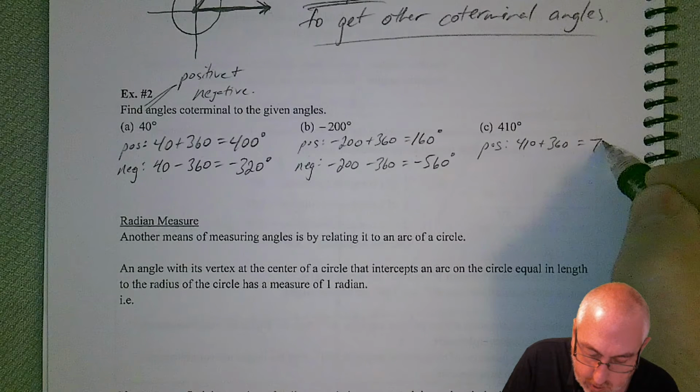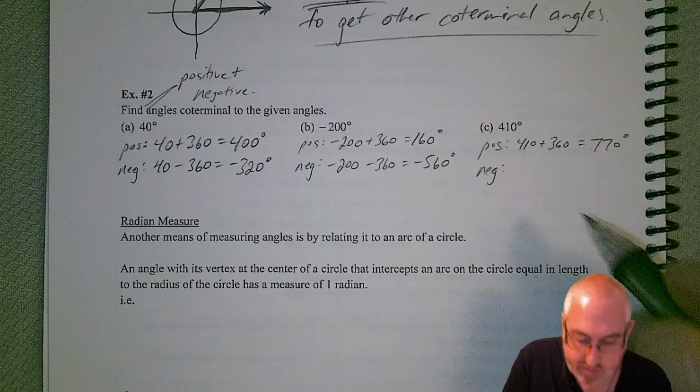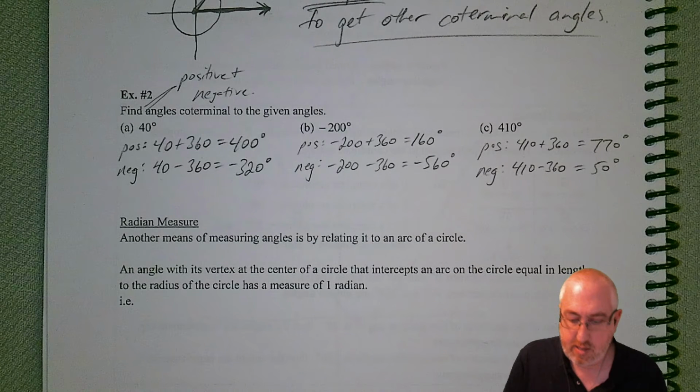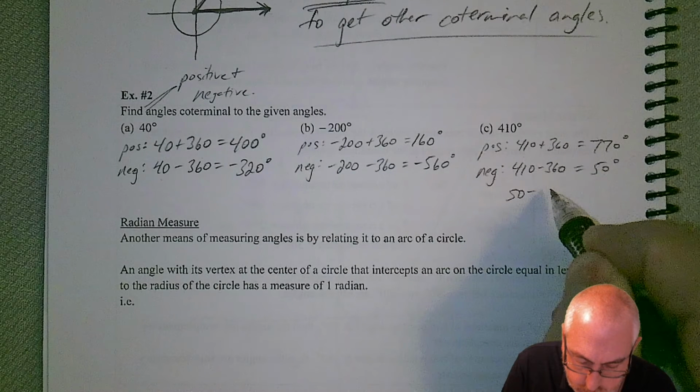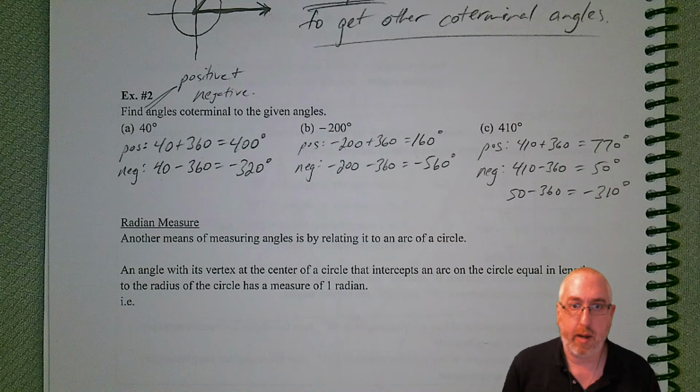But if we wanted our negative one, if we subtract 360, well, technically we're not negative yet. You're at positive 50. Well, that's not negative. So we got to go one more time. So negative 310 degrees should be our negative coterminal angle.